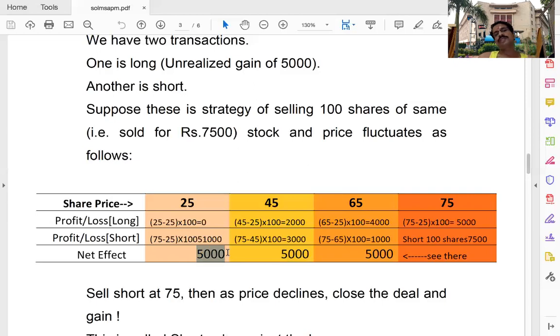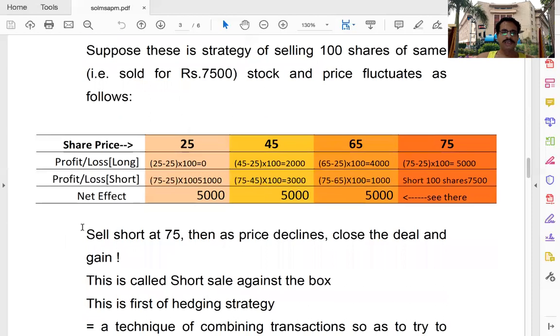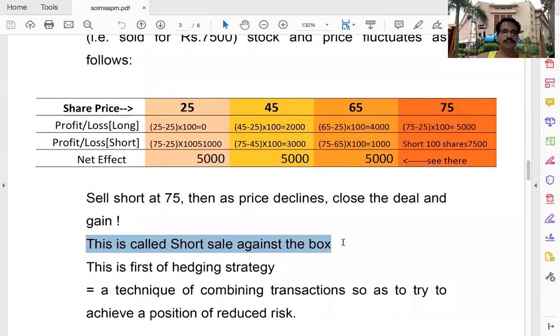Similarly, even if the share price falls to 25, you are able to club your long and short strategies, and you are able to hedge yourself. So the mantra is: sell short at 75, then as the price declines, close the deal and you gain. This is called short sale against the box. I repeat, this is called short sale against the box.